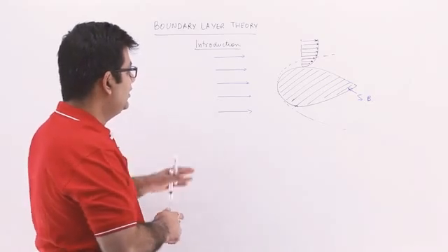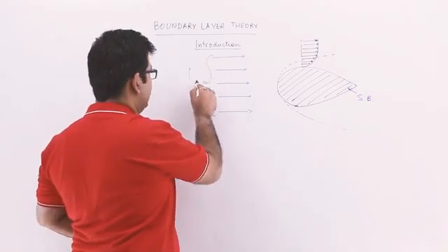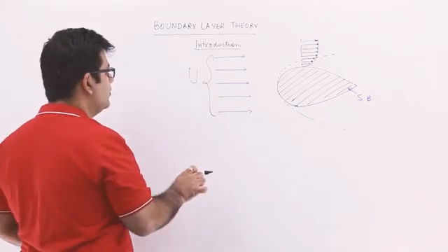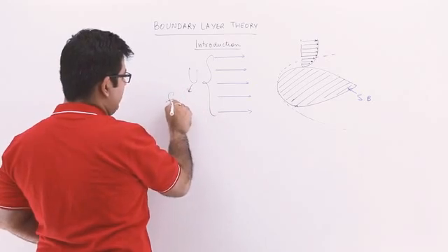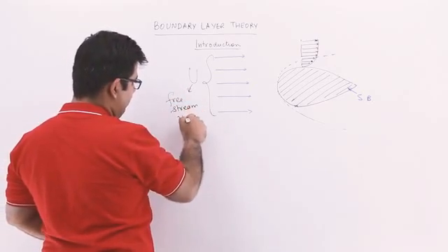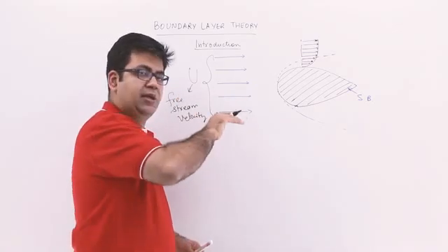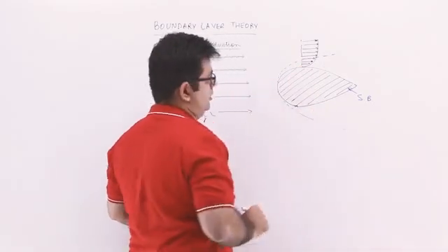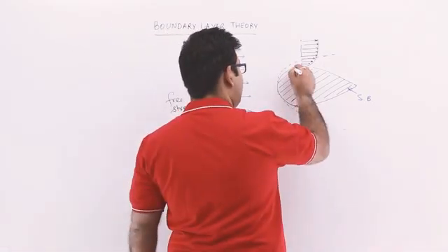The entire velocity, let us say, is capital U, and this capital U is called the free stream velocity.